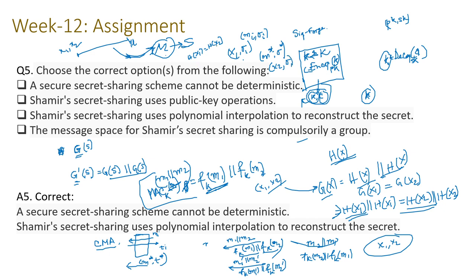Because h of x1 is h of x2, they map to the same message in the message space and their signature will be the same. So sigma 1 will be a valid signature on x2. Then the adversary wins the signature forging game, and it will not be a secure scheme.